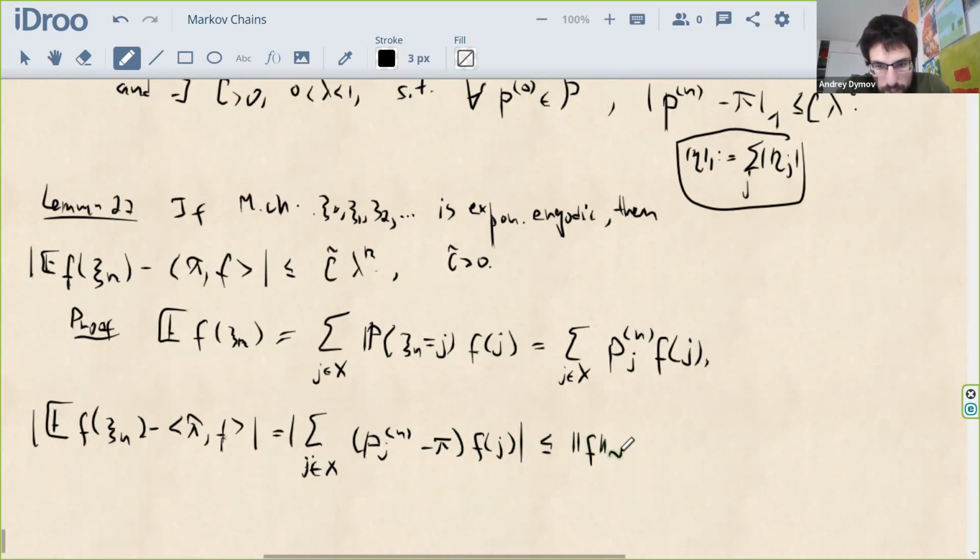the sup norm of the function f times the L1 norm of the difference between pi and Pn. And here I should assume additionally that the function f is bounded.